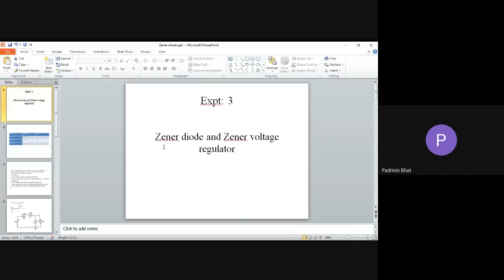Now, coming to Zener diode, what is Zener diode? It is a PN junction diode which is highly doped. Normal diodes work in the forward biased condition, and they don't work in the reverse bias condition.